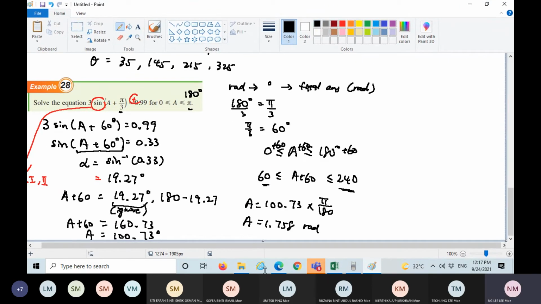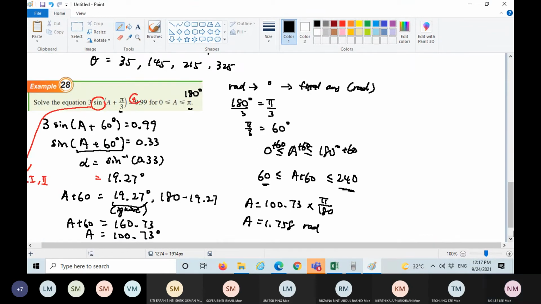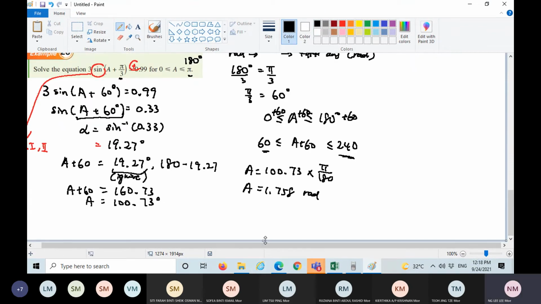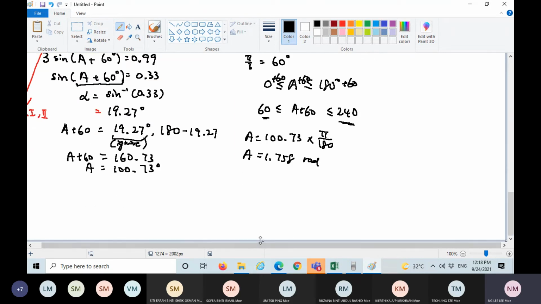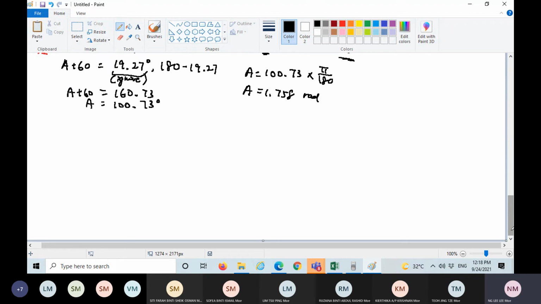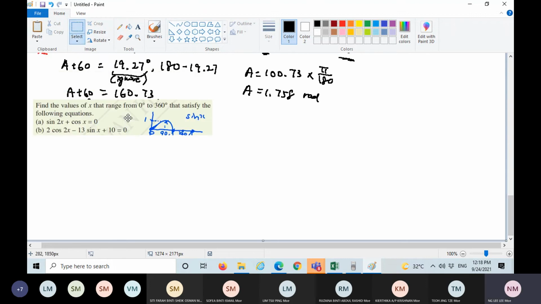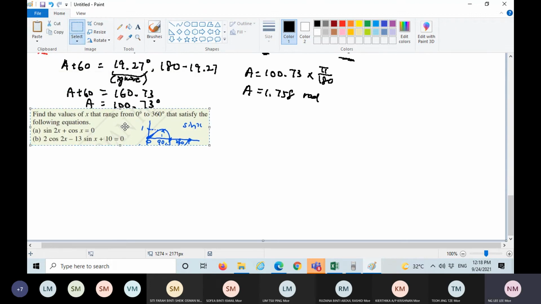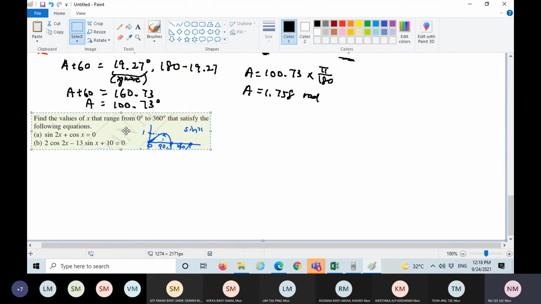Find the value of x that ranges from 0 to 360 that satisfies the following equations.